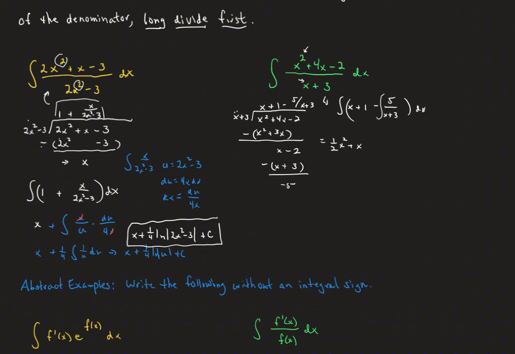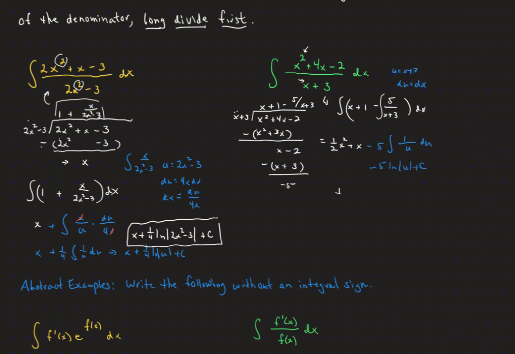And on the next integral, we are going to say u is the denominator, du is just dx. So we're going to get minus, we can pull that 5 out and have 1 over u du. So we know that part is going to be the natural log of the absolute value of u.